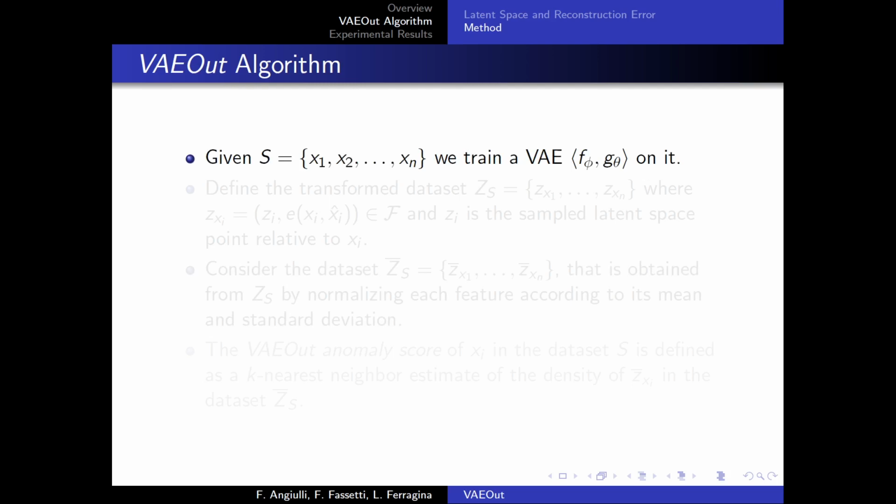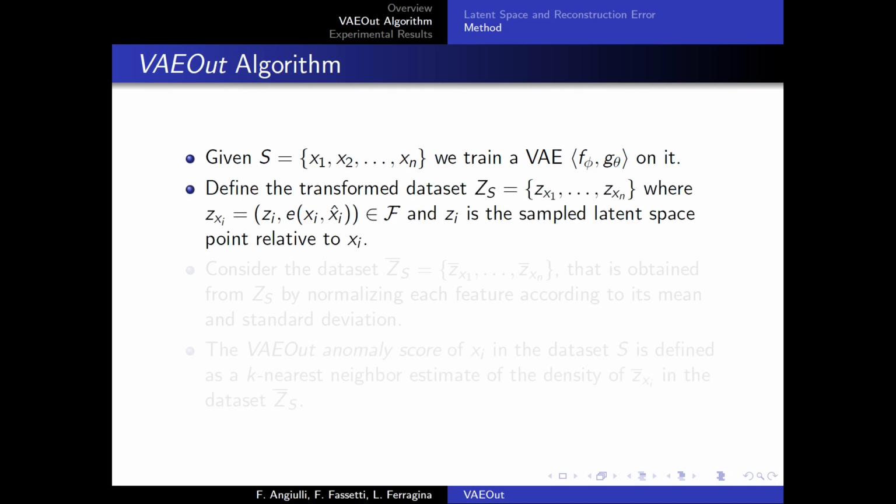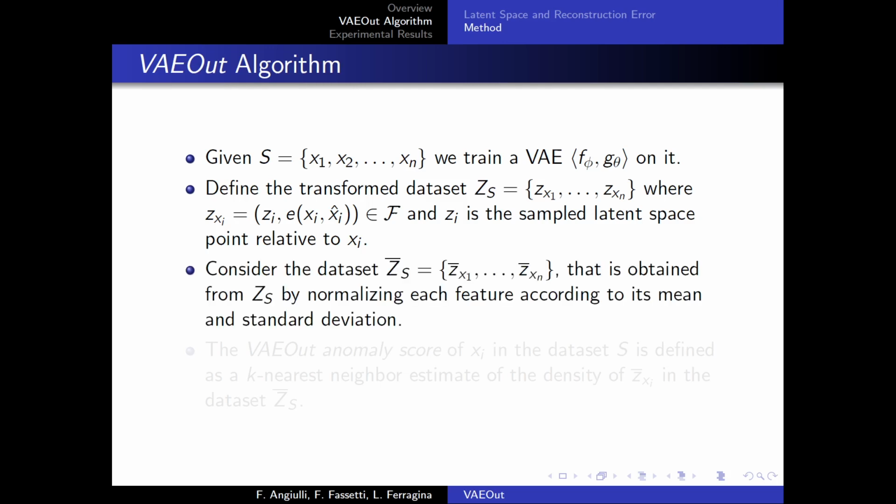As a first step, we train a variational autoencoder on the dataset in which we want to find anomalies. Then we define the transformed dataset ZS, that is the dataset S, mapped into the feature space F. After that, we consider the dataset ZS bar, obtained from ZS by normalizing each feature according to its mean and its standard deviation.